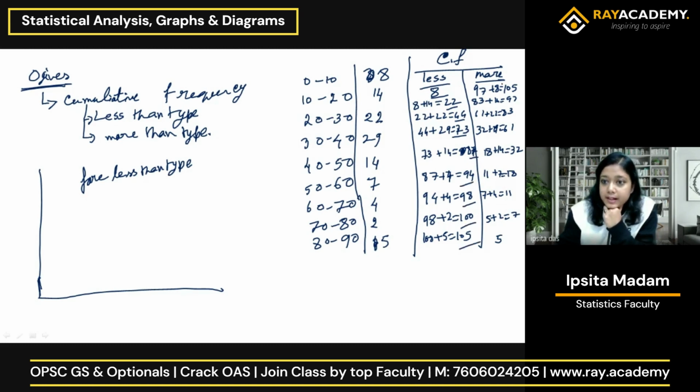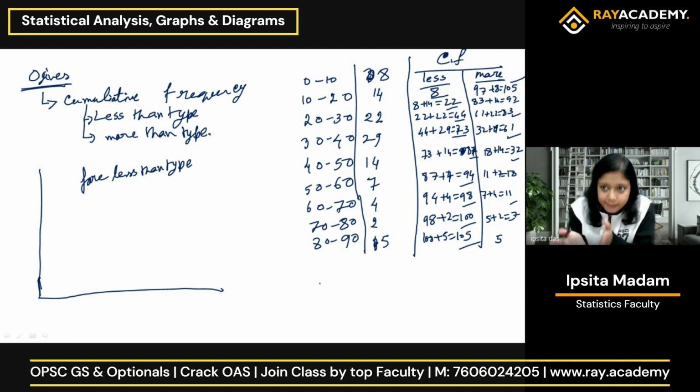And for more than type, you take these numbers and the lower limit of the class. Similarly, you make the coordinate format, one for the less than type, another for the more than type.